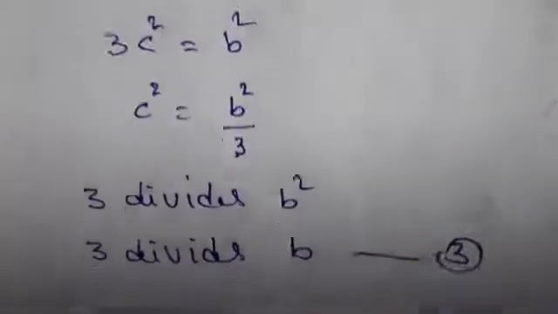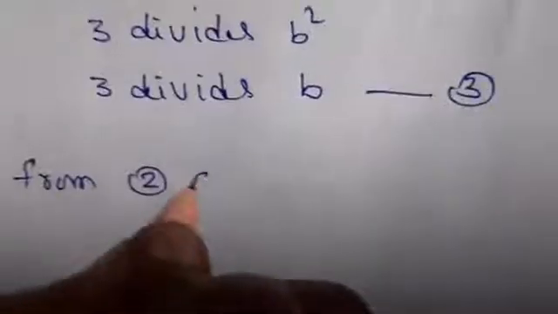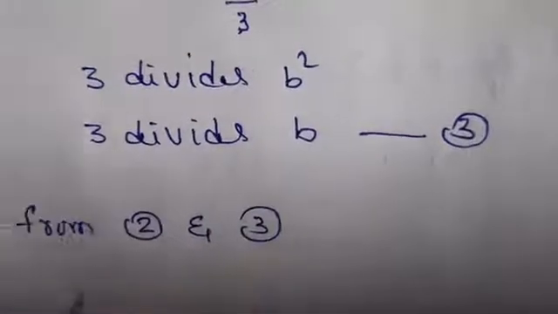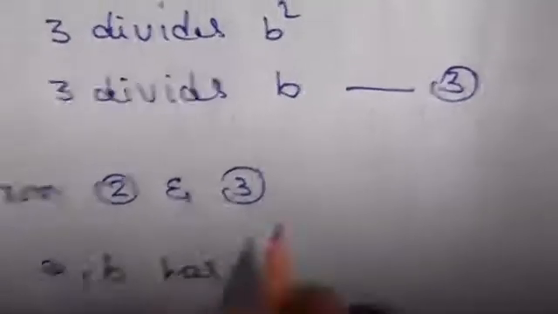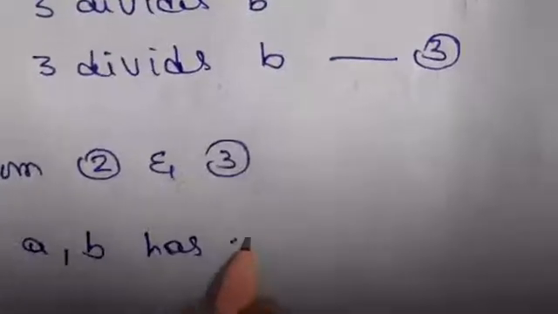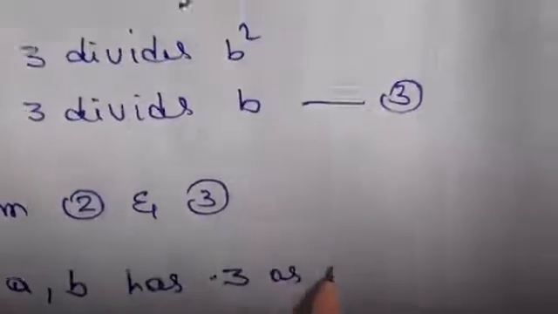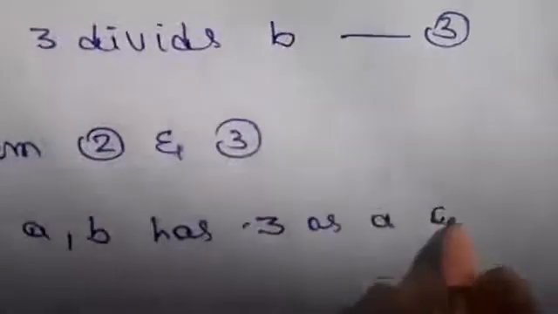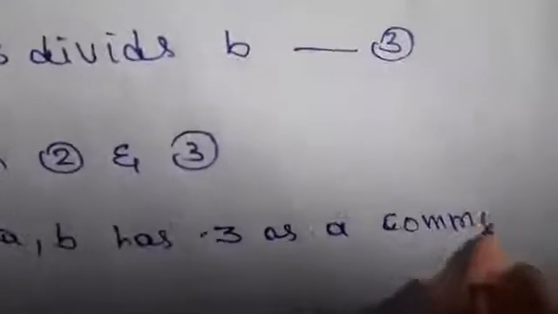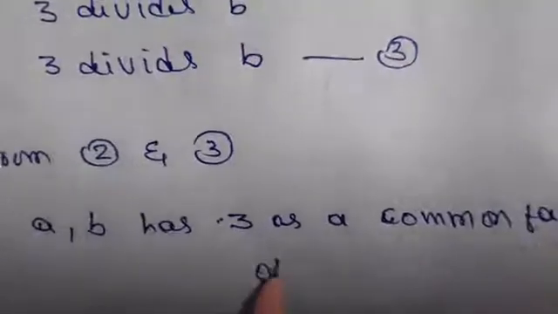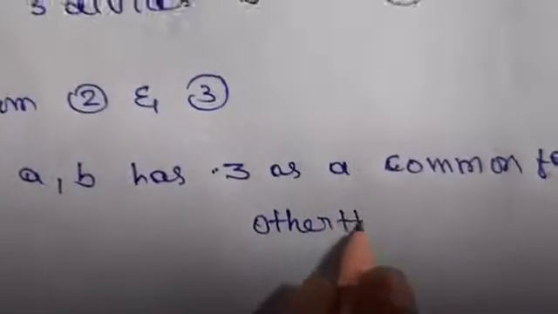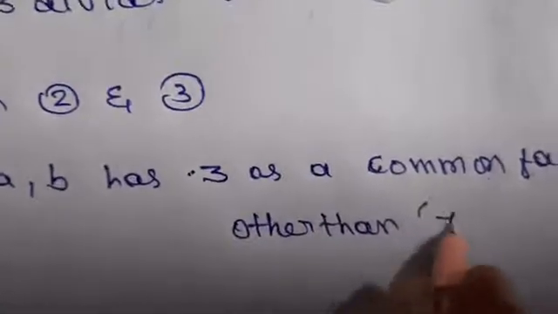From 2 and 3, a comma b has 3 as a common factor other than 1.